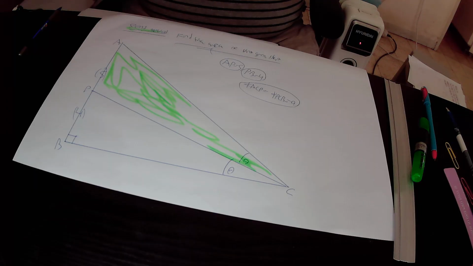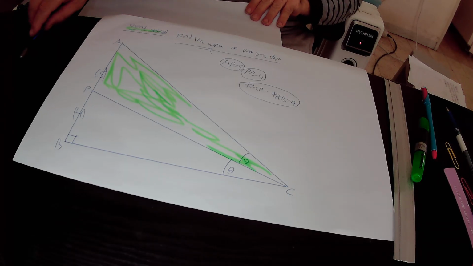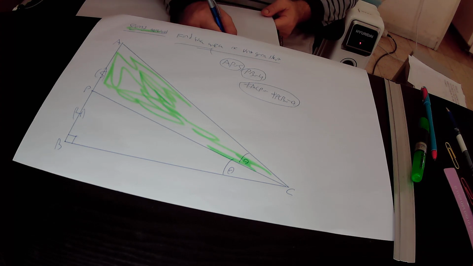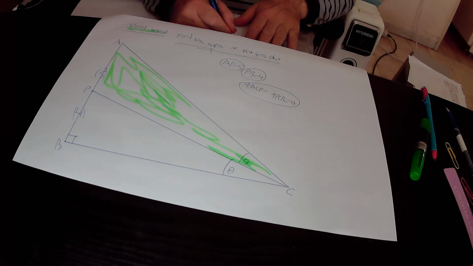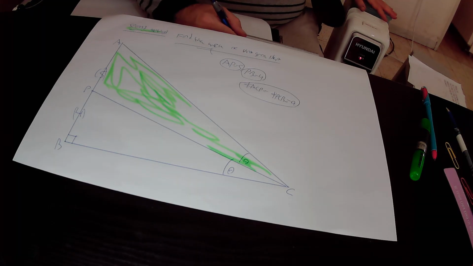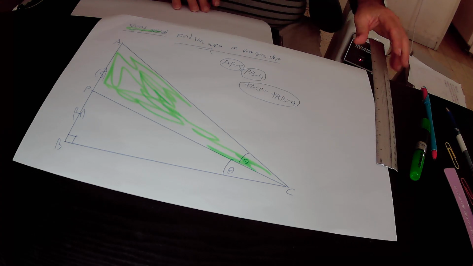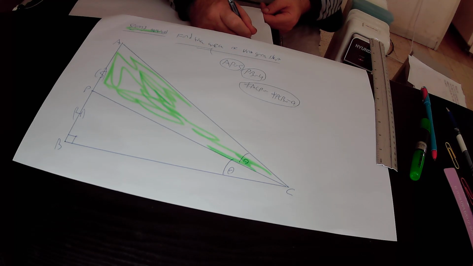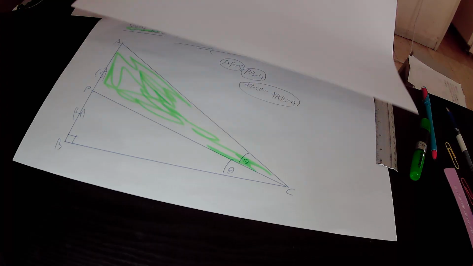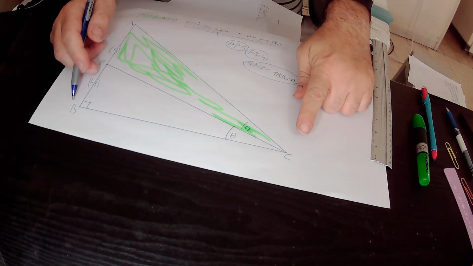In this right triangle PBC, tangent theta equals PB over BC. We define the length of BC as b.